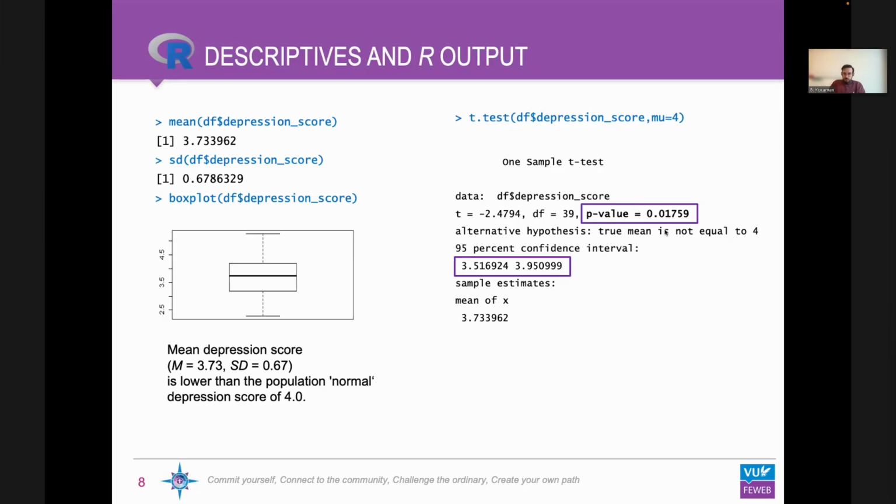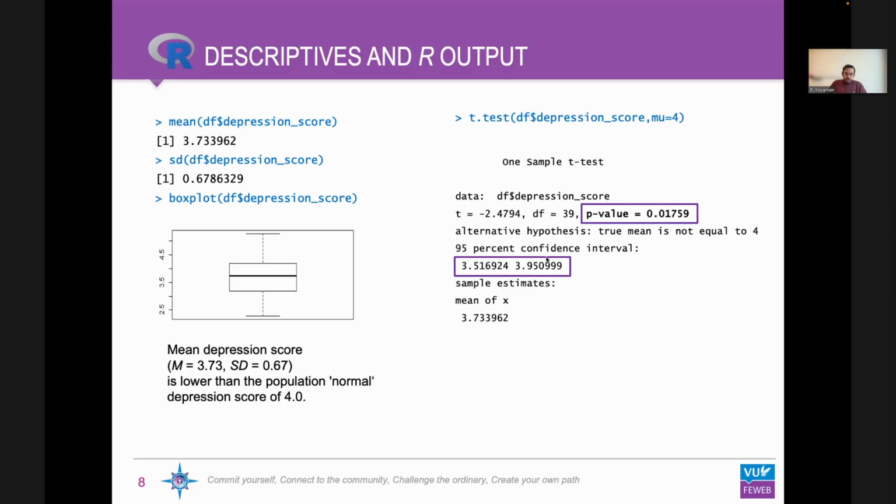And from our sample, we actually reject it, meaning that what we can infer from our sample is that this value is different than 4.